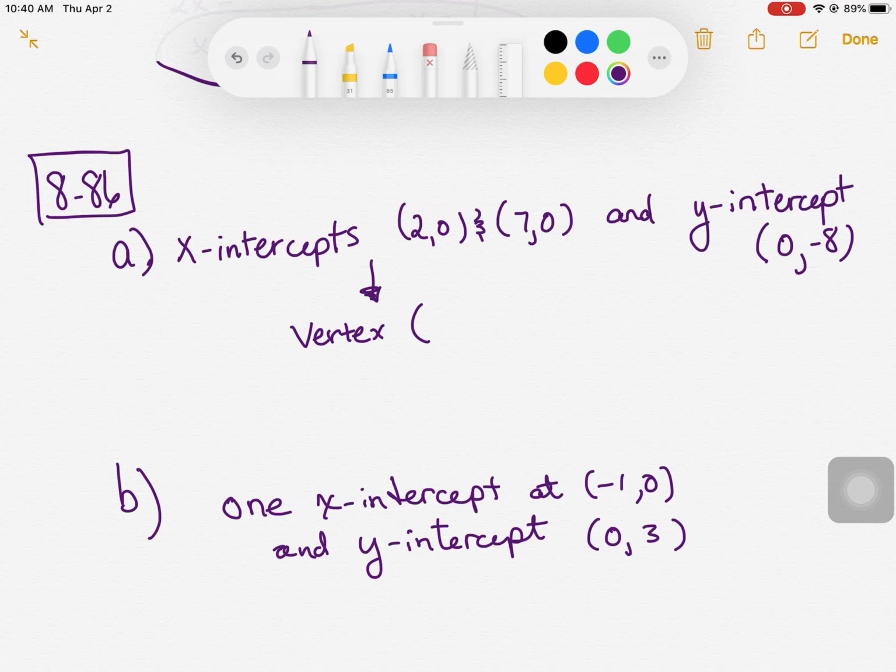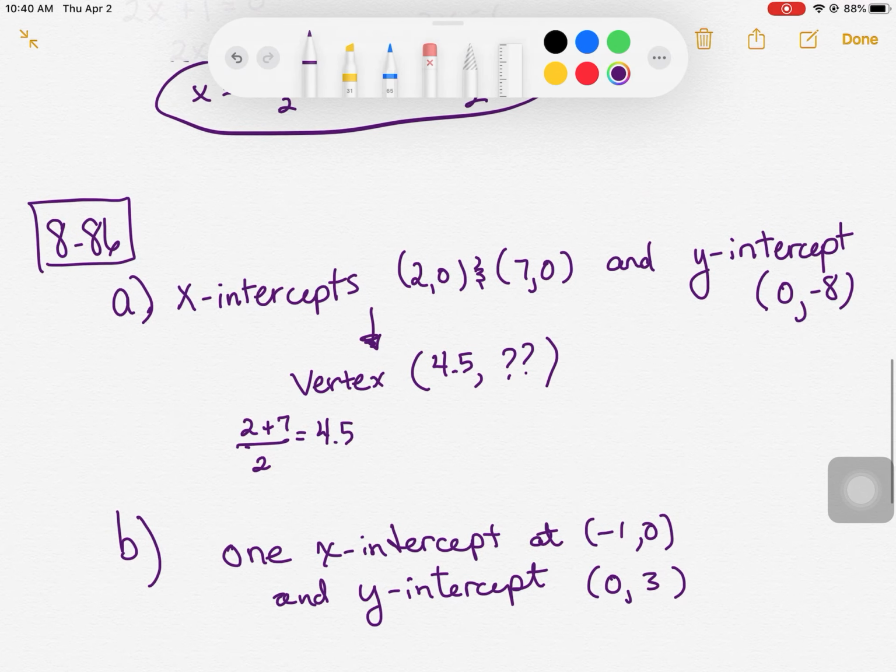My vertex is going to have, let's see, I need to do 2 plus 7 divided by 2. So that's 9 divided by 2, that's 4.5. So the x-coordinate of my vertex is going to be 4.5. Trouble is, I can't find my y-coordinate because I don't have an equation.